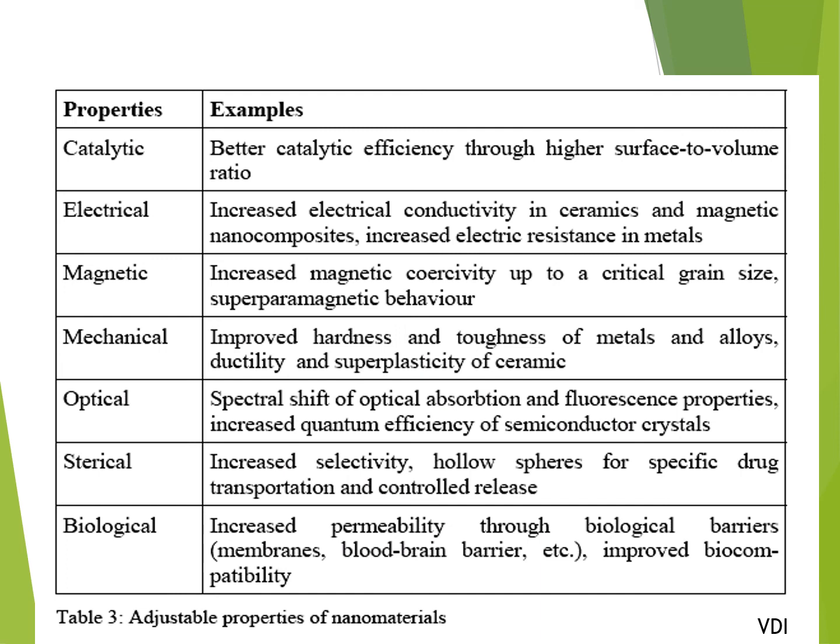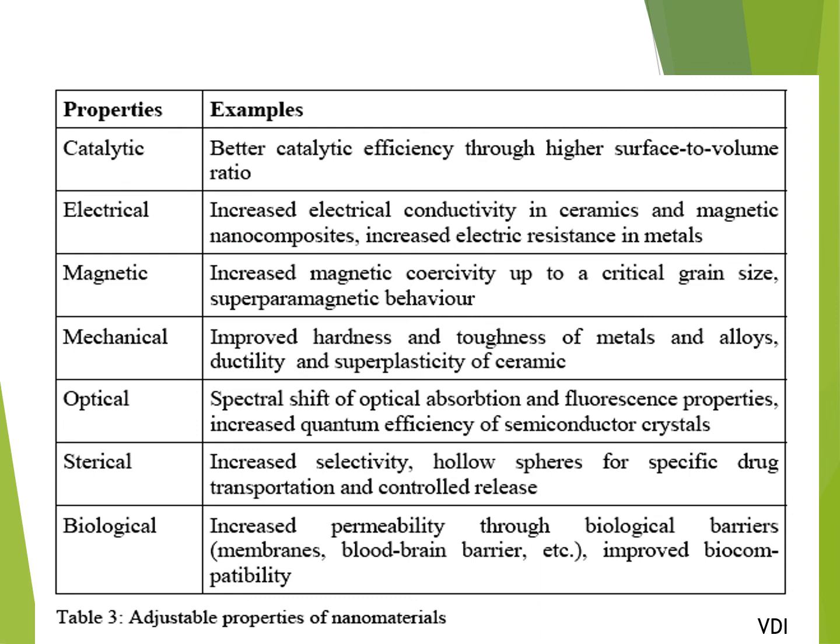Here we represent some of the properties of nanomaterials. If we synthesize any nanoparticle, that nanomaterial has some properties. The main ones are the catalytic property, electrical property, magnetic property, and other important properties such as mechanical, optical, spherical and biological.